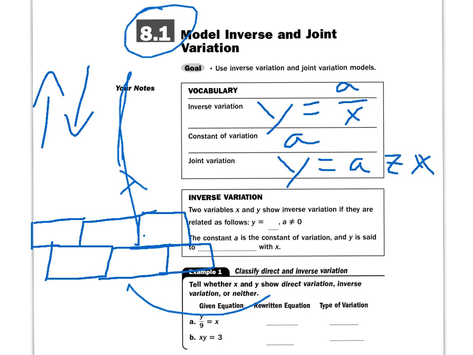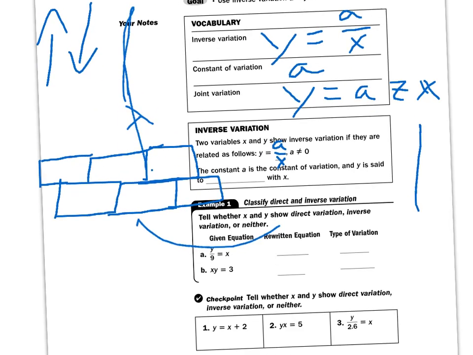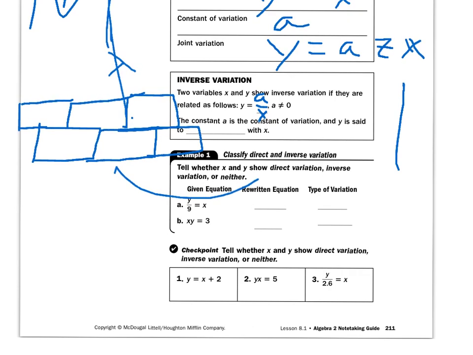So, as I said earlier, y equals a over x, the constant a is the constant of variation, and y is said to vary inversely with x. So right there you would write vary inversely with x.